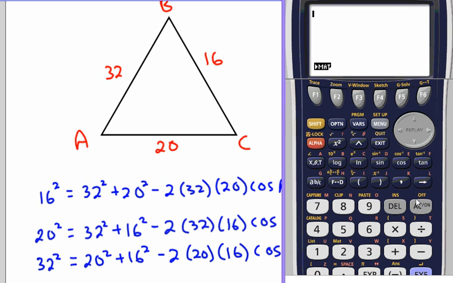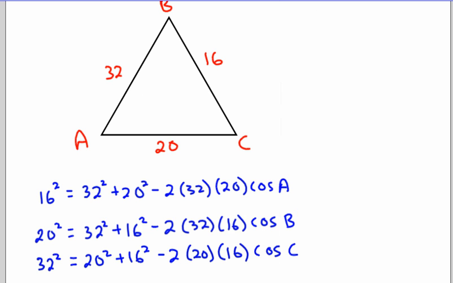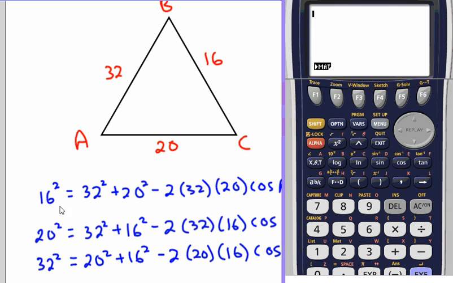All right, on this, I'm going to see if I can do all this just straight in the calculator. To work this out, I'm going to do 16 squared, and then I'm going to subtract 32 squared, then I'm going to subtract 20 squared.